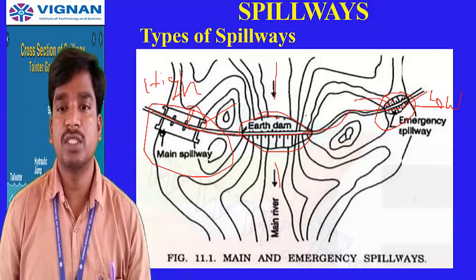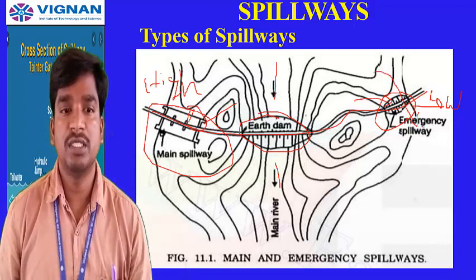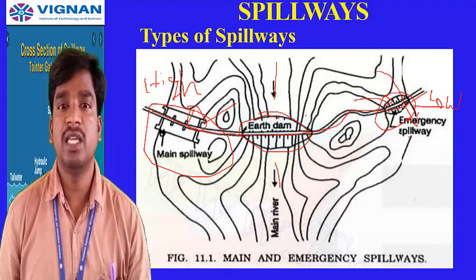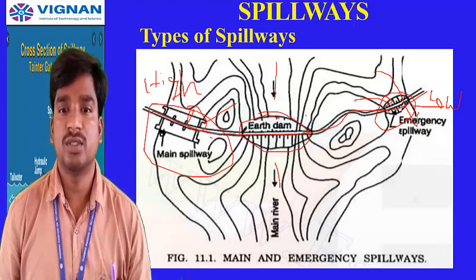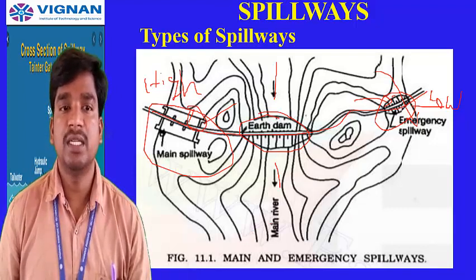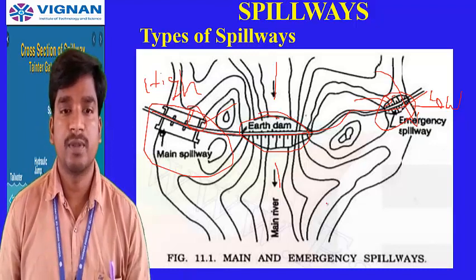Surplus water will continuously flow from this emergency spillway. So this is about the main spillway as well as the secondary spillway, or we can call it the emergency spillway.